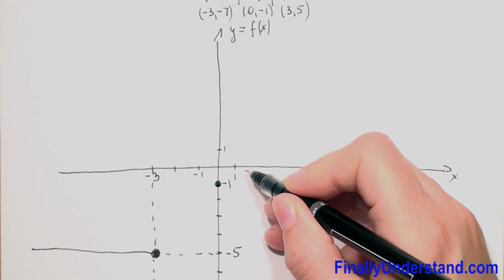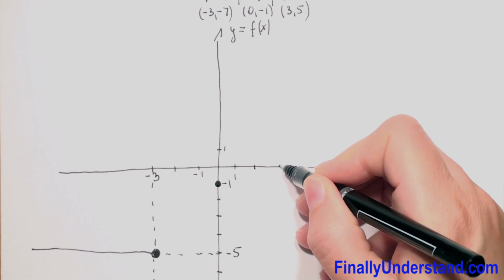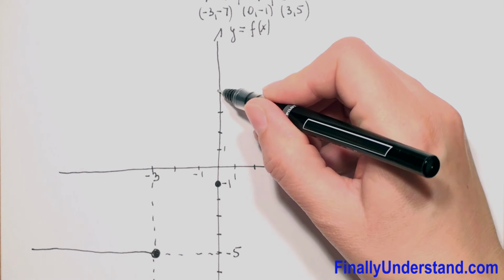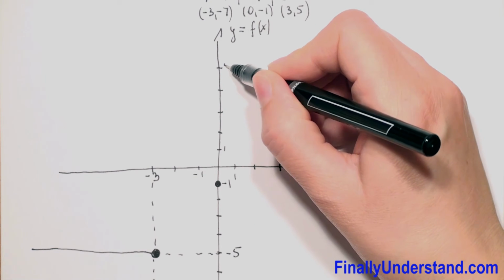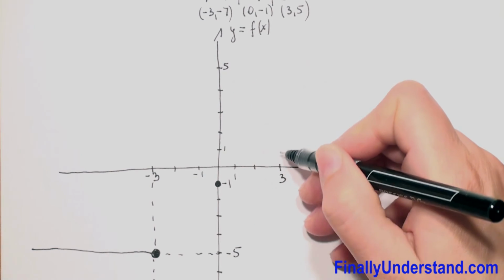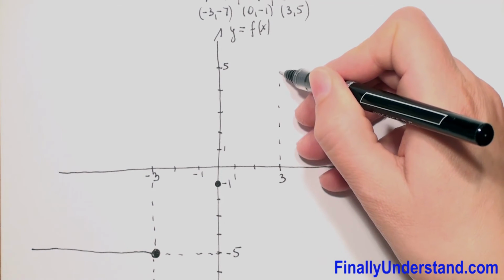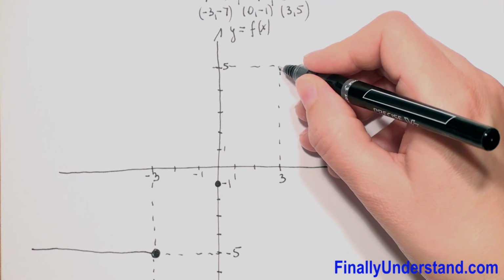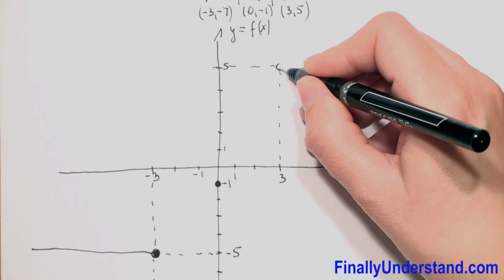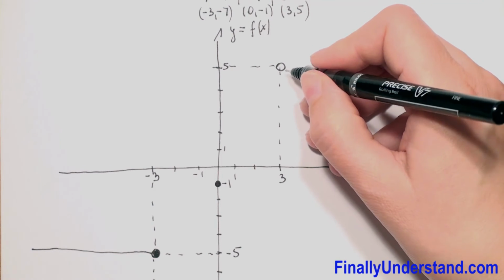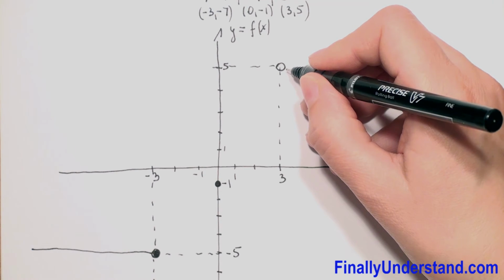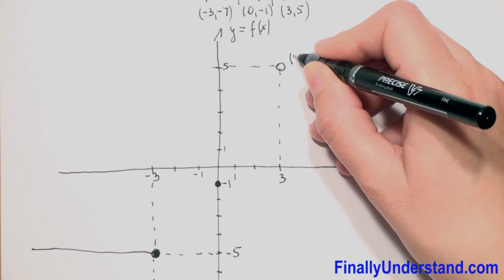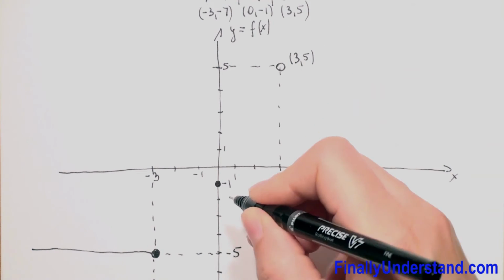And the third is 3, 5. 1, 2, 3, 4, 5. This is 3. Let me connect this. This is approximately. And this point is not included in our graph because 3 doesn't belong to our domain for this function. So this is our point 3, 5.